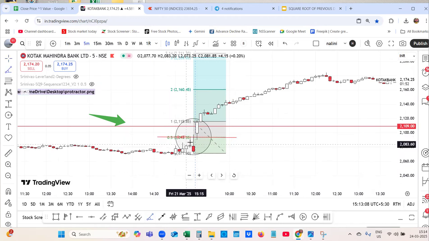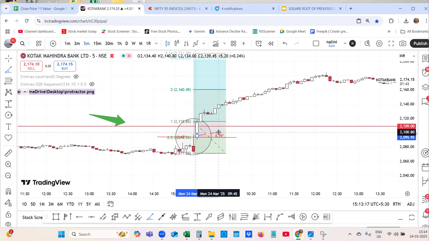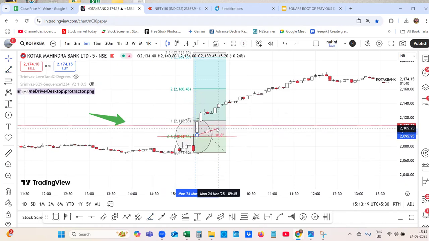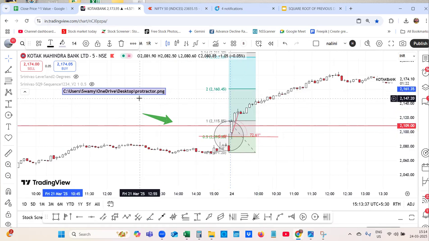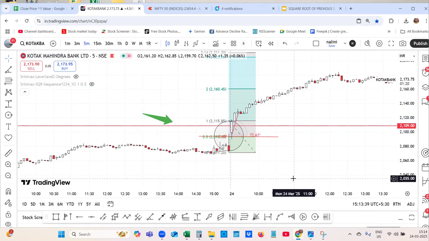I'm taking the angle, and 4.5 degree angle increment is positive above the 180. See, already it went up to 75 degree. Let it go. You need to wait. After some time, it will consolidate. It continued. This is a beautiful confirmation of this stock with this calculation.